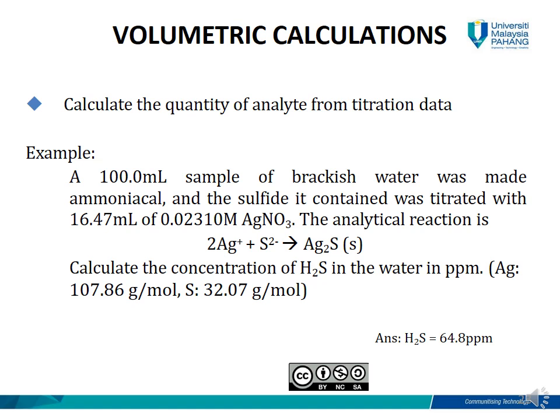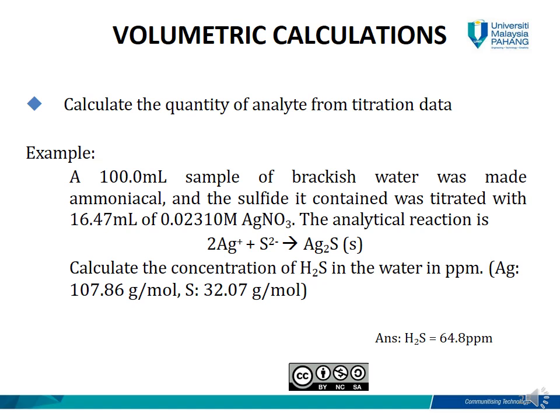Then after that, you need to divide by the total volume of sample plus silver nitrate. In this case, the total volume is 100 milliliter plus 16.47 milliliter. After that, you get the molar concentration. In this case, it does not answer the question yet.